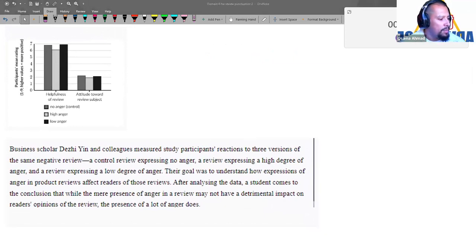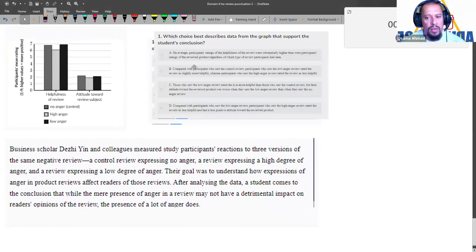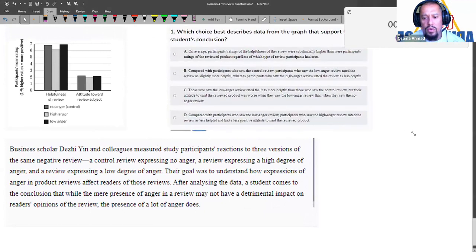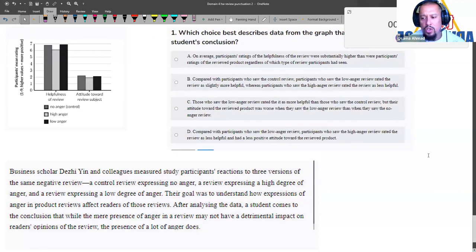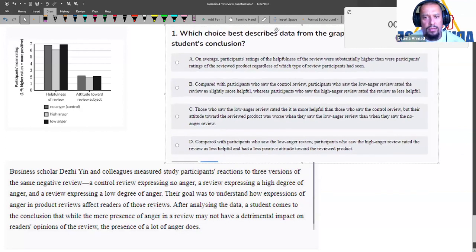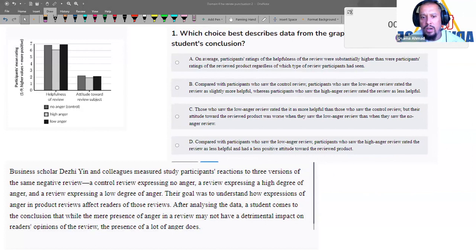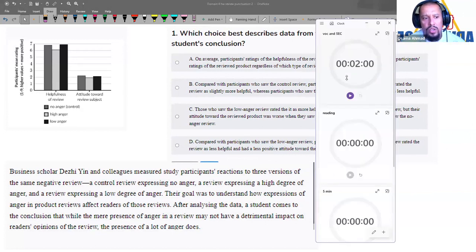Now, with these types of questions, I like to read the paragraph, but you don't have to read it too deeply, okay? So what you do is you first read the paragraph, and then you go to the question, and then you go to the graph.